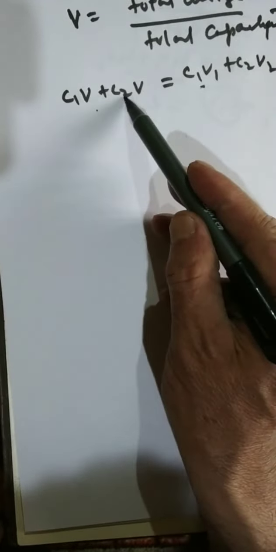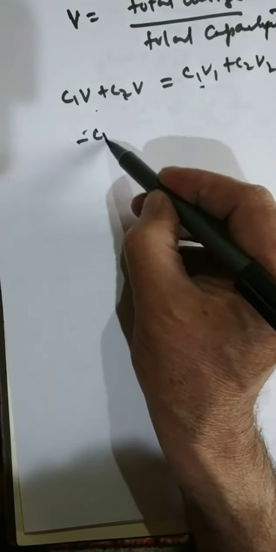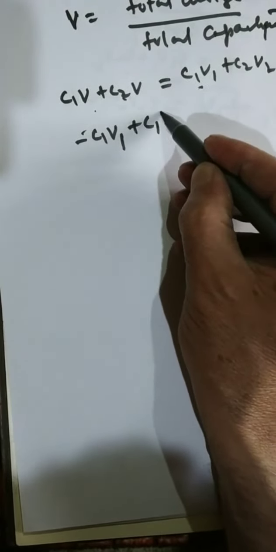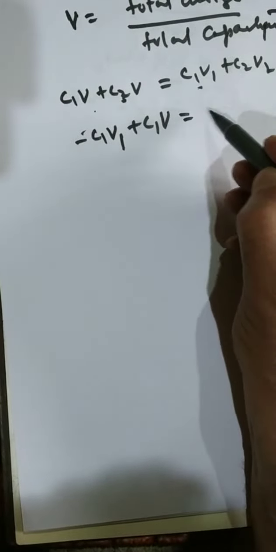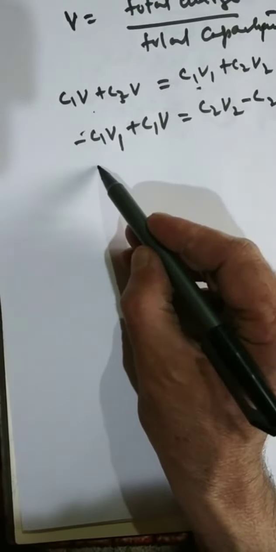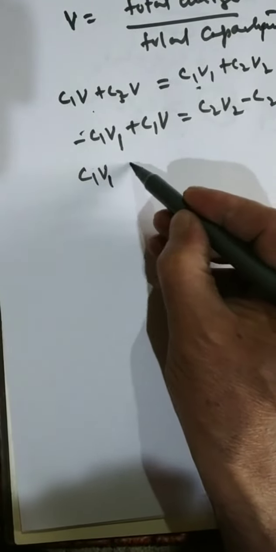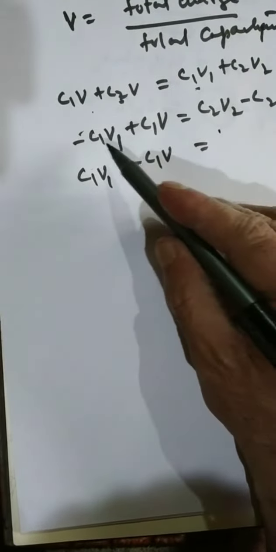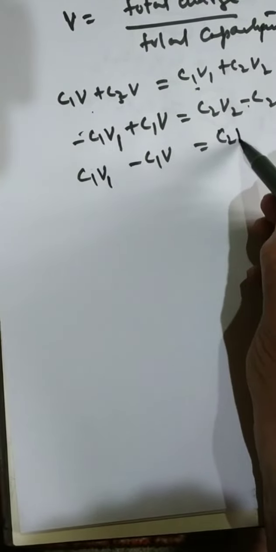Now इसको हम इस साइड में ले जाएंगे और इसको इस साइड में, सो minus C1V1 प्लस C1V, इसको इस साइड में ले जाएंगे, विल बी इक्वल टू C2V2 माइनस C2V, माइनस को कॉमन निकालेंगे और कैंसिल करेंगे, इट विल बी C1V1 माइनस C1V इज इक्वल टू, ये माइनस जब कॉमन निकाले ये प्लस बनेगा C2V माइनस C2V2.